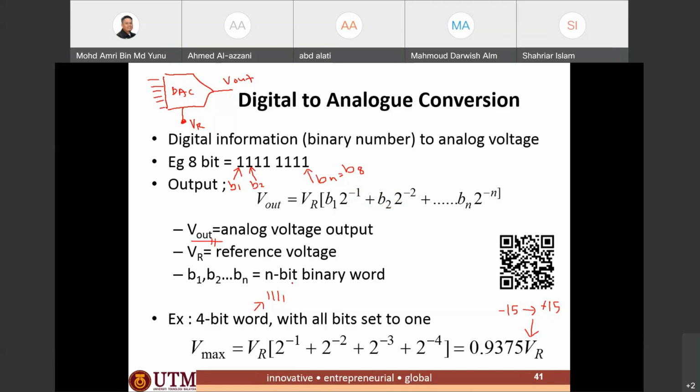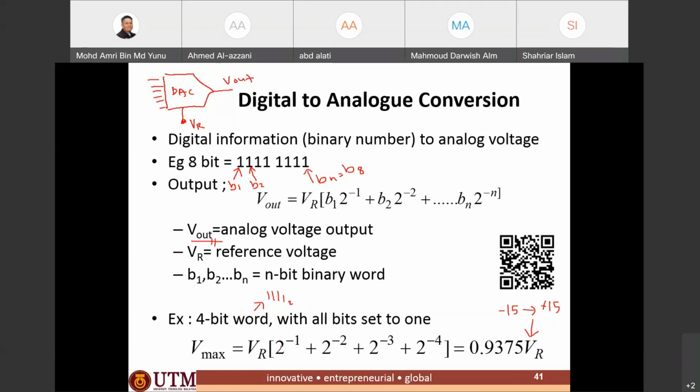So for example, for a 4-bit word, what is the output if all the bits are set to 1?